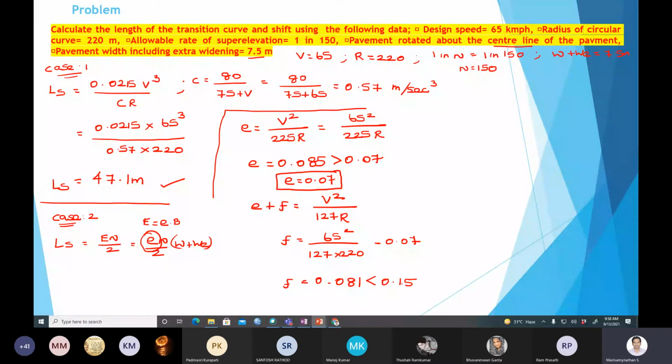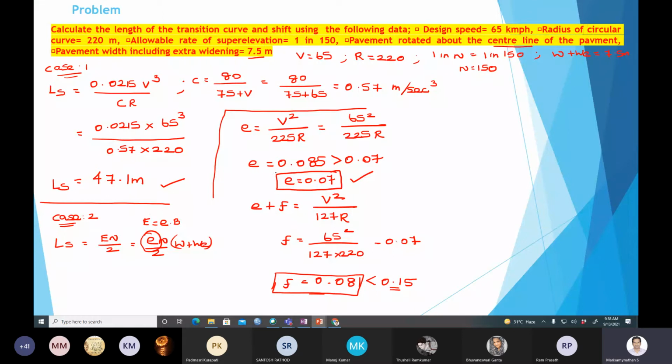This is the allowable coefficient of lateral friction, and the estimated f value is less than the maximum allowable. So we can conclude at our second step itself. The coefficient of friction is satisfied when you assume the maximum value of e as 0.07. So this is another case, and see how lengthy the estimation is going.